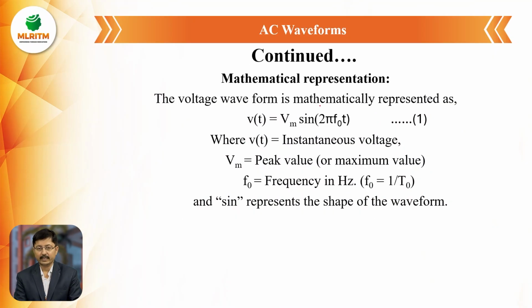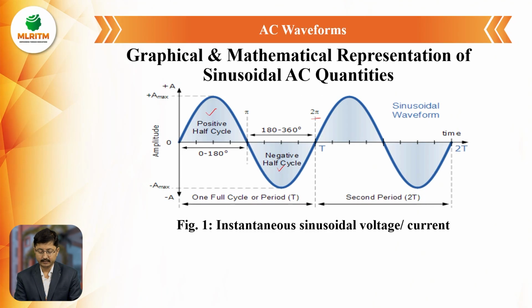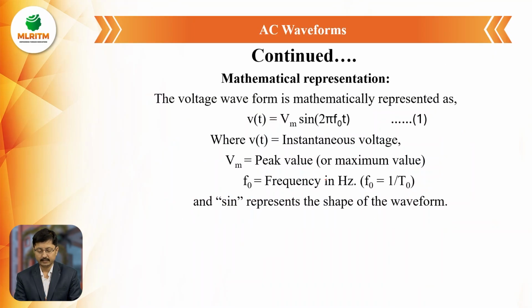Now we will see how we can represent this graphical form of AC quantities in mathematical form. The voltage waveform is mathematically represented as v(t) = Vm sin(omega t), where omega is the angular frequency, equal to 2 pi f0. Here v(t) is the instantaneous voltage, Vm is the peak or maximum value, and f0 is the frequency in hertz.